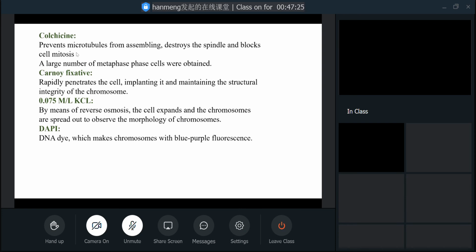But in the DAPI group, I took a picture with the ideal result. So I show you the DAPI dye. But if we use the DAPI dye, we must observe the slide under a fluorescent microscope.